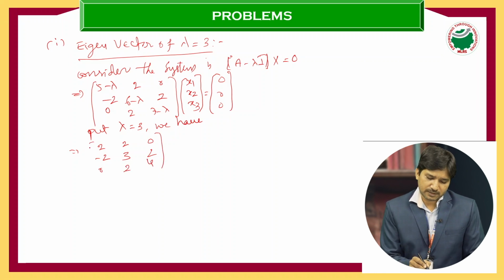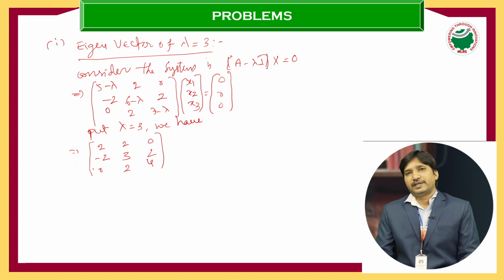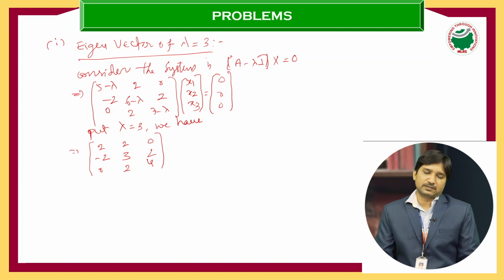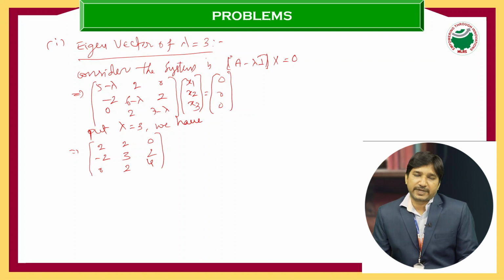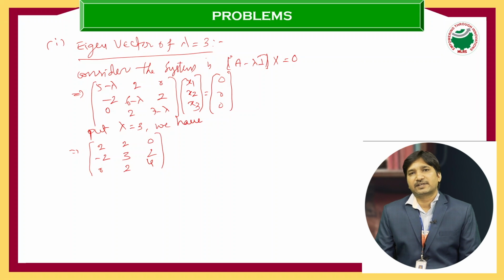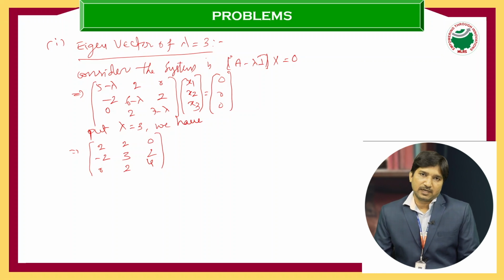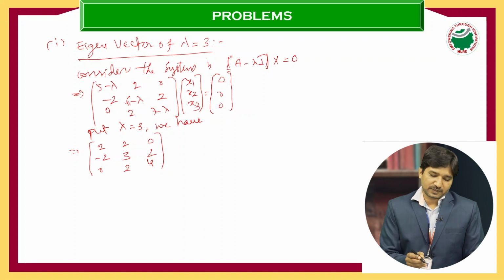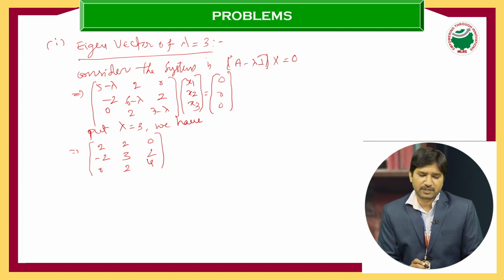Just write only the matrix, A minus lambda I. Solving this matrix, we can find the eigenvectors of the eigenvalue lambda equal to 3. So we can use echelon form to solve the system.